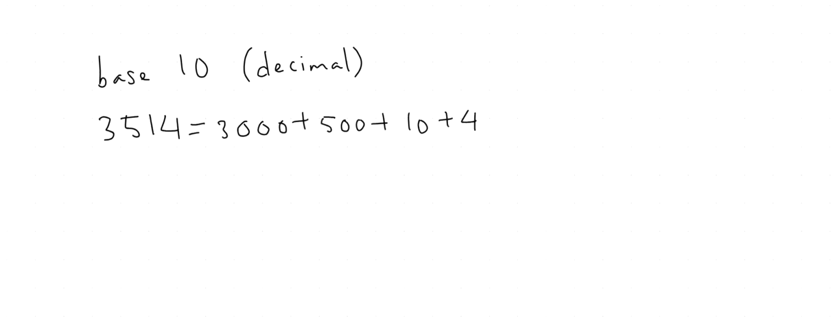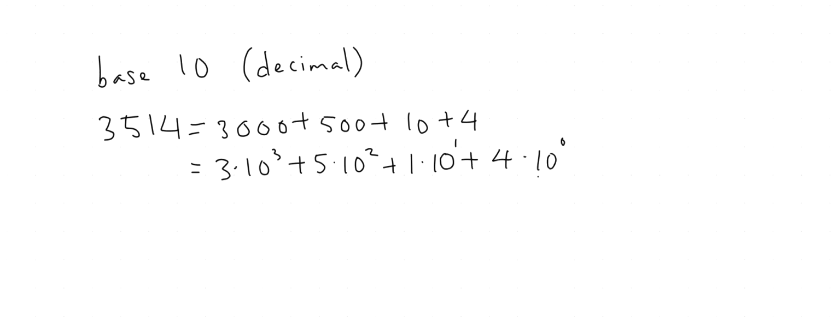And you can see now that each of the digits is actually being multiplied by a certain power of 10. And you see in base 10, you can use any of the digits from 0 to 9. And here, 10 to the power of 0, remember that anything to the power of 0 will always be 1.